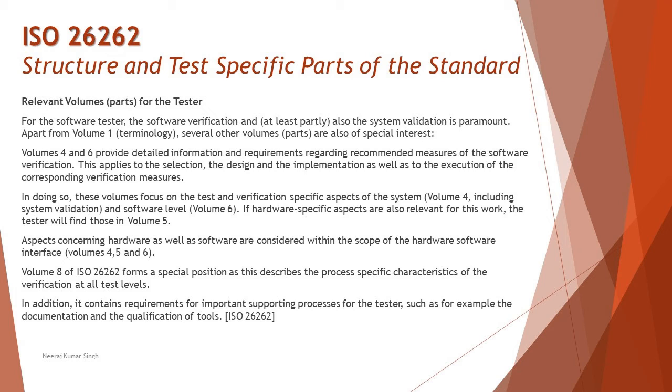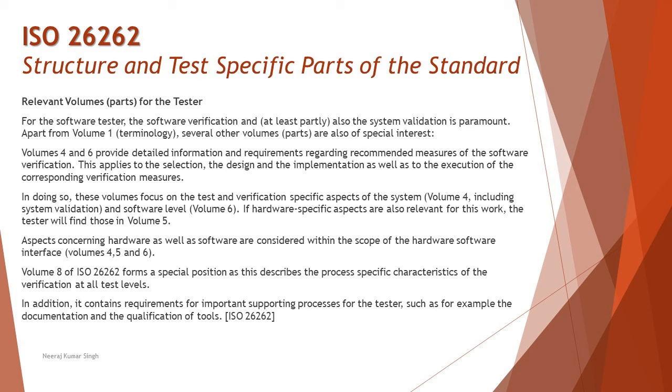So putting it all together, volumes 4 and 6 are from the perspective of the system and the software level, and volume 5 is from the point of the hardware. Aspects concerning hardware as well as software are considered within the scope of the hardware-software interface, included in volumes 4, 5, and 6.